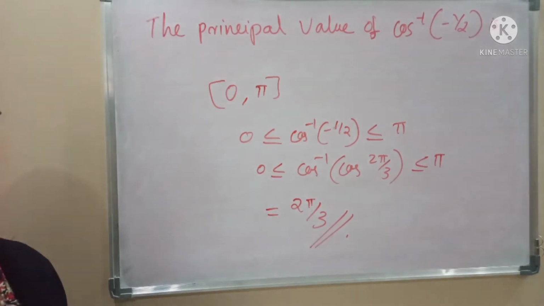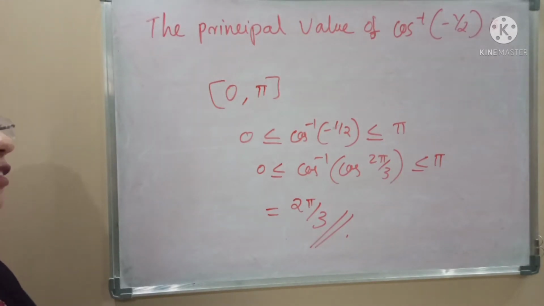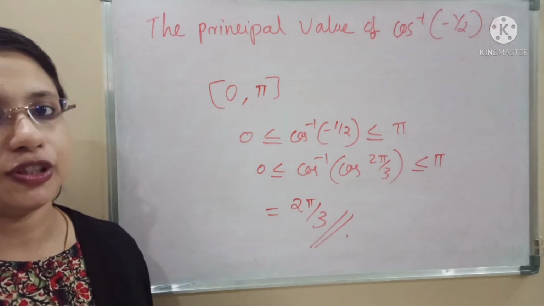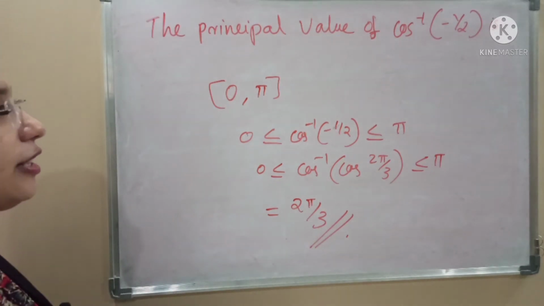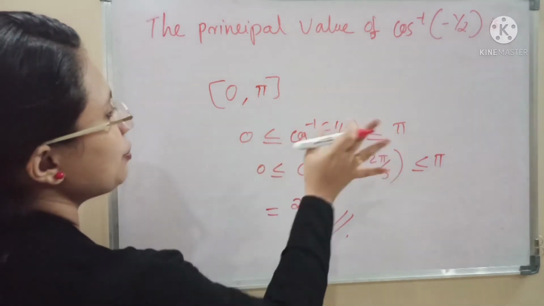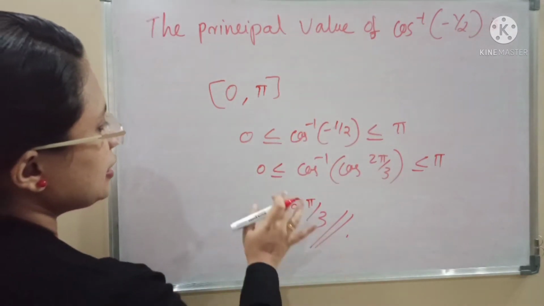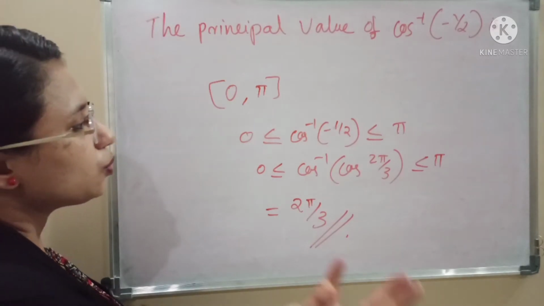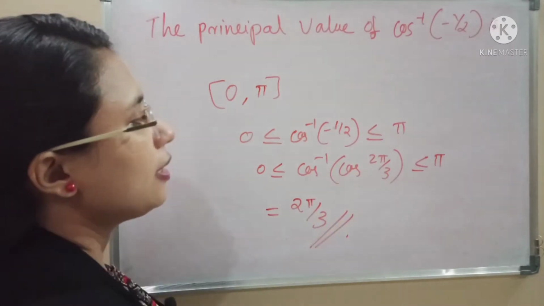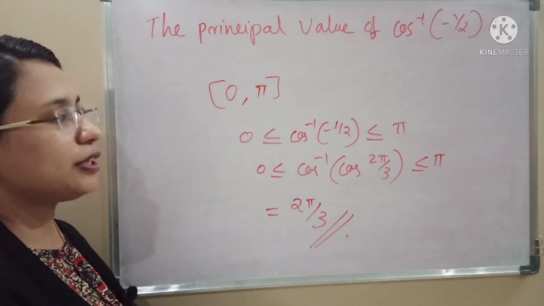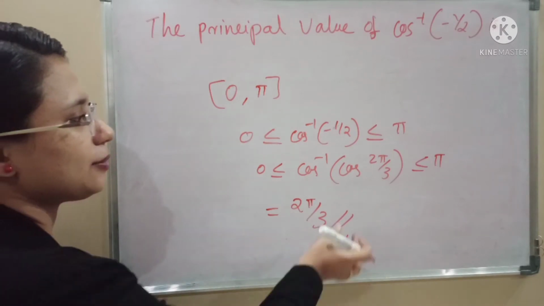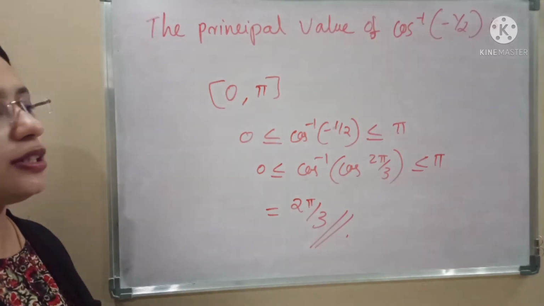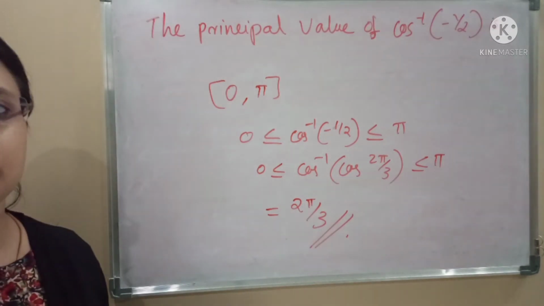Clear? So this is how we can find the principal value of the given function. What we did: our value will definitely come in between 0 and pi, and in place of this value we took the cos value of that particular number and substituted it, then cancelled cos inverse and cos, and finally we got the principal value.